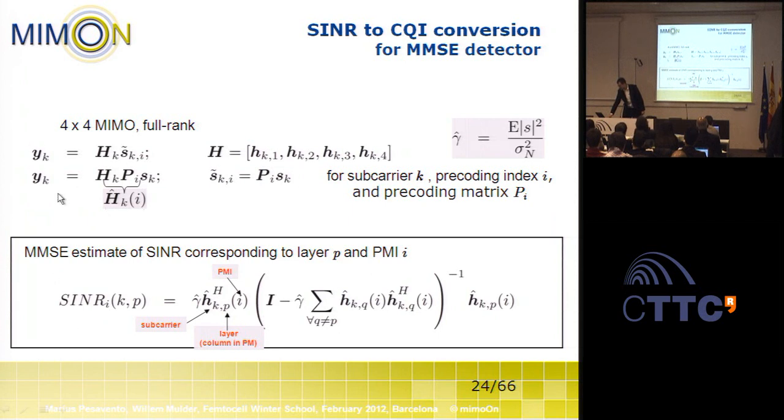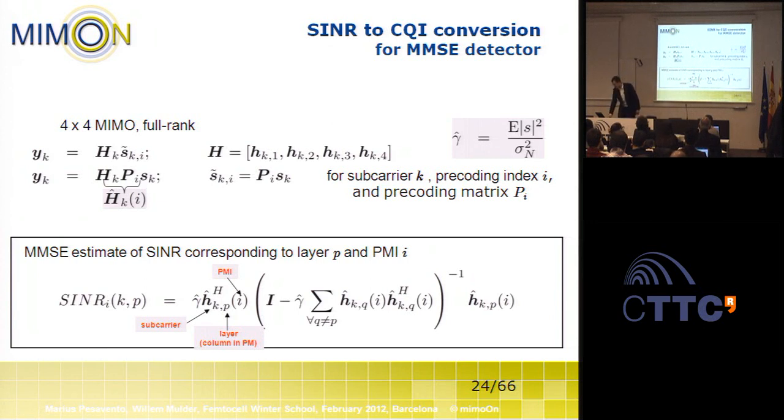H_k1 to H_k4, where K denotes the subcarrier that we consider. Then let's take a look at the received signal. At the receiver, we have a signal y_k, on subcarrier k, which is equal to the channel matrix H_k multiplied with the transmitted symbol vector. So this is the symbol vector after precoding.